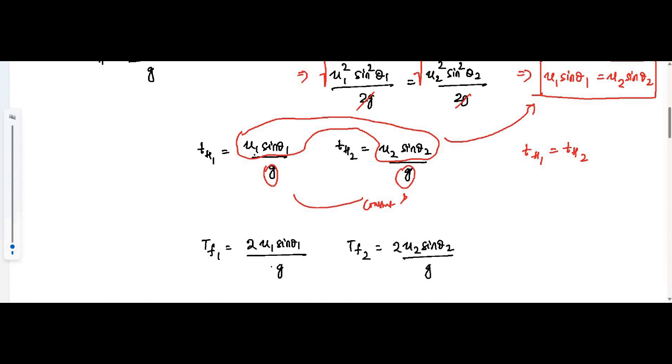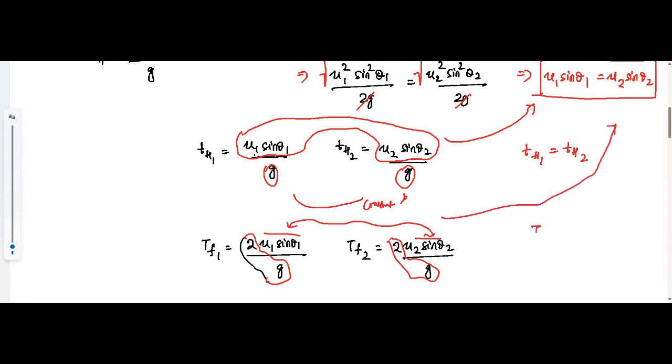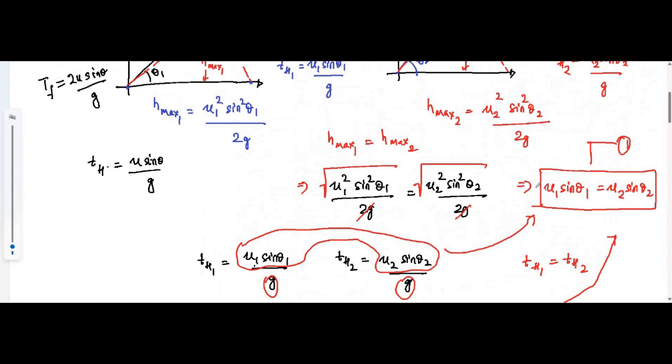The 2 is the same, and g is also constant. And u1 sine theta 1 and u2 sine theta 2 are the same, according to this. So the time of flight of both the projectiles is also equal.